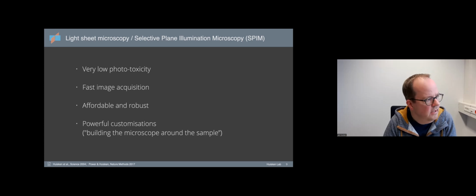So if you ask me to summarize what the key features of light sheet microscopy are, I'd say it's probably these points. So it's definitely the very low phototoxicity because you're illuminating only one thin slice in the specimen. Secondly, it's the fast image acquisition. You can essentially use any camera you want.